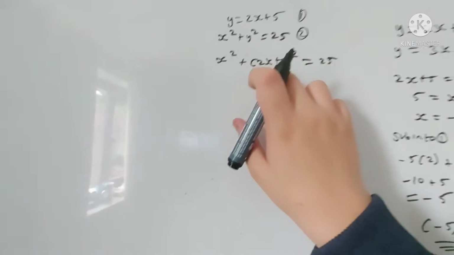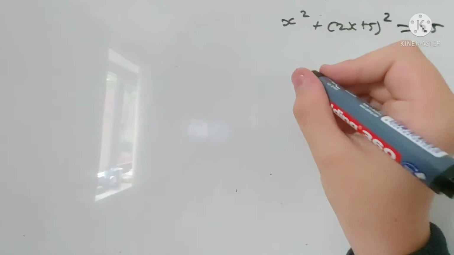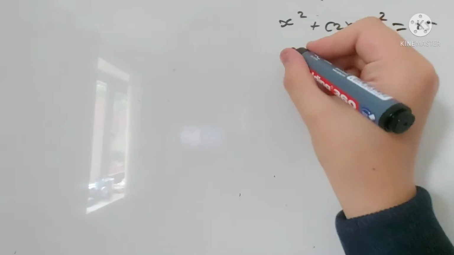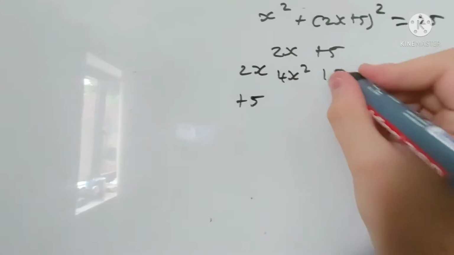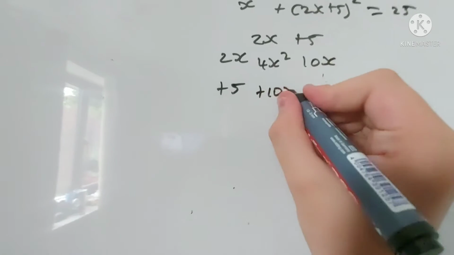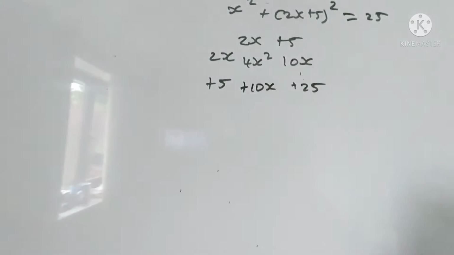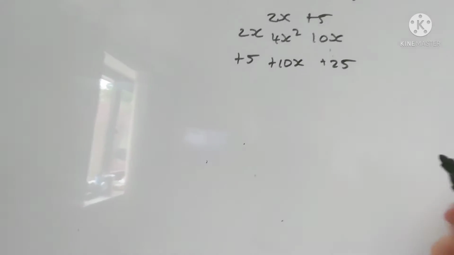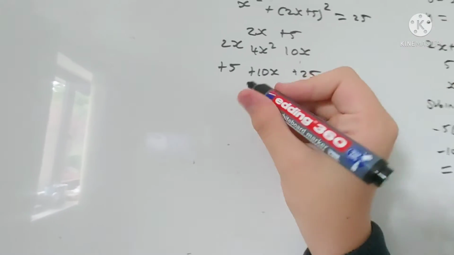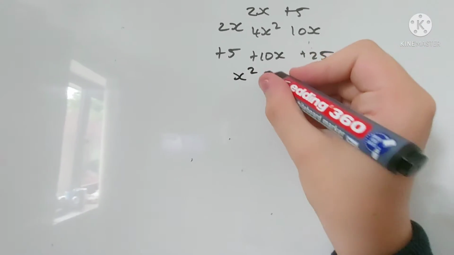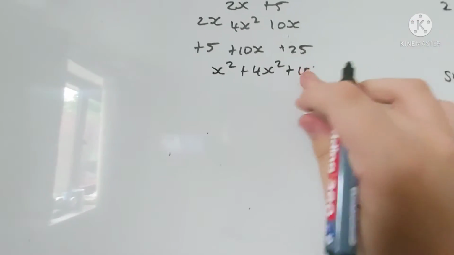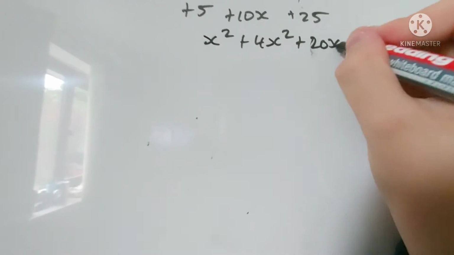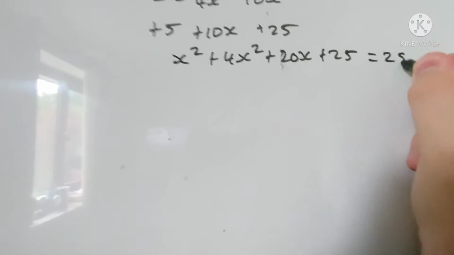So I want to expand that bracket out, so I'll use the grid method, why not? We get 4x squared, 10x, 10x, 25, so I get x squared plus 4x squared plus 20x plus 25 is equal to 25.